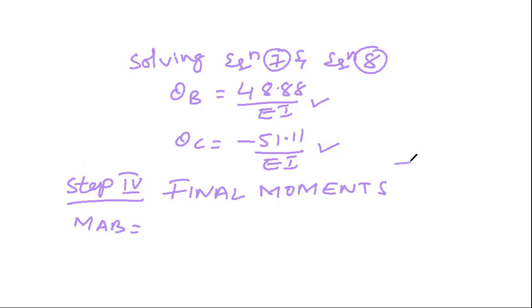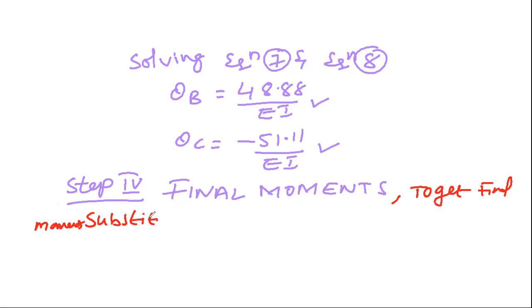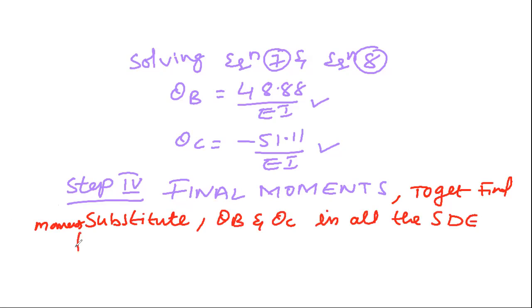So how do you get final moments? I'm writing it over here. To get the final moments, substitute theta B and theta C in all the slope deflection equations from 1 to 6.